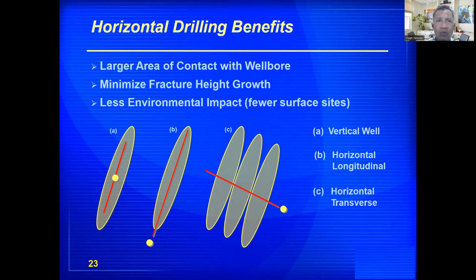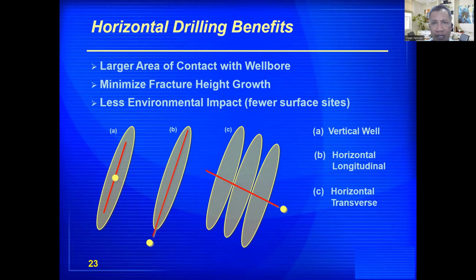So what we are trying to say here is that with the vertical well, you have one wellbore and one drainage pattern. If you drill longitudinal, again you are still drilling one well and getting one drainage pattern. The beauty of technology today is the transverse fracs, as we show here: one footprint and multiple fracs.